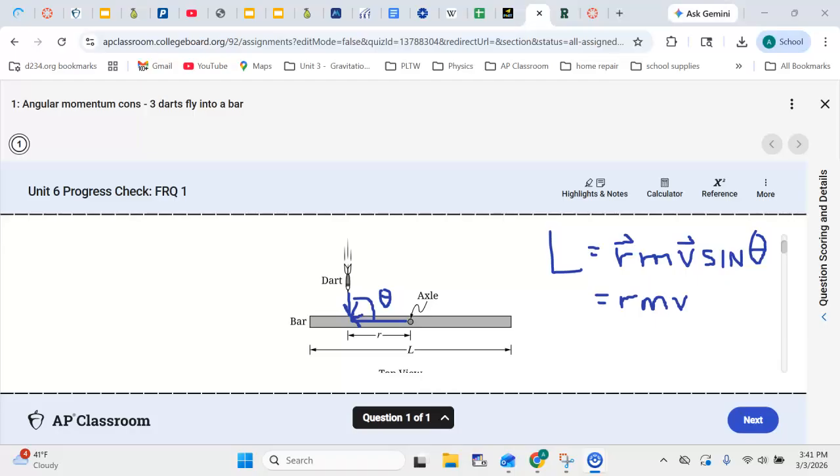There is conservation of angular momentum in the dart bar system. Now, just to review, conservation of angular momentum would suggest that there is no net torque acting on the system by an external force.